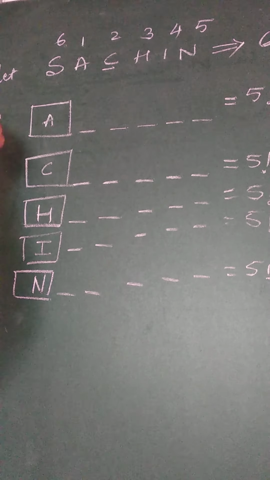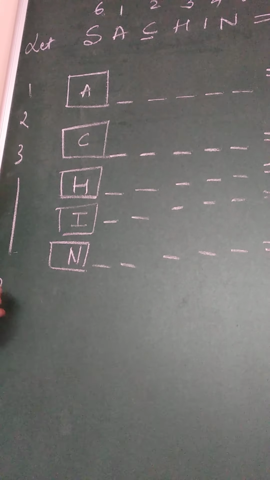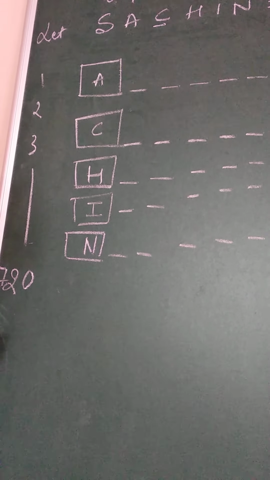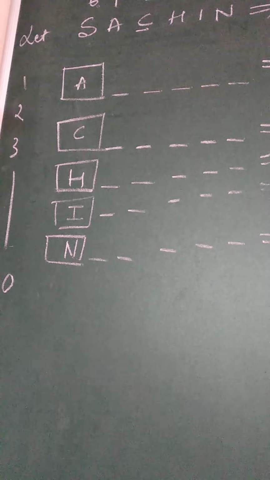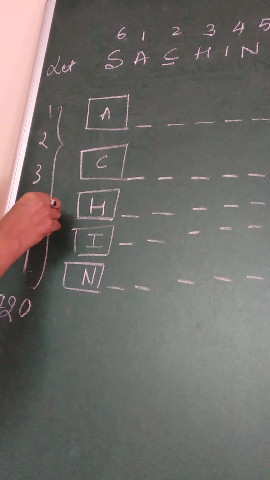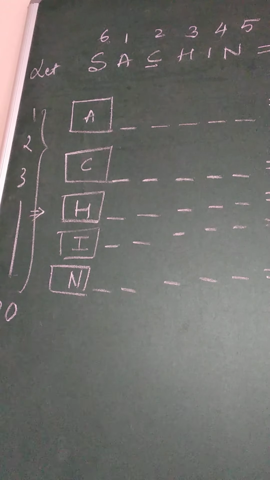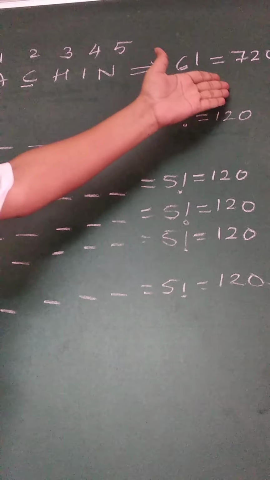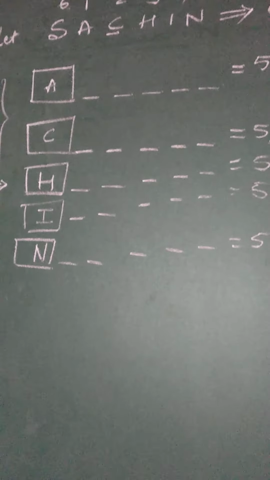Out of these 720, somewhere your word Sachin is positioned, and that is what we are trying to find. Until here, from word number 1 to word number 600, we did not find Sachin.